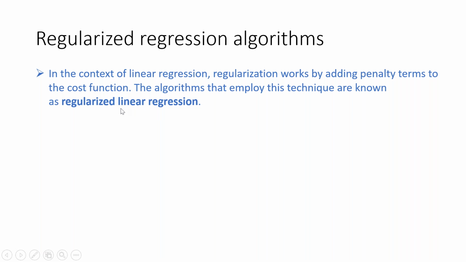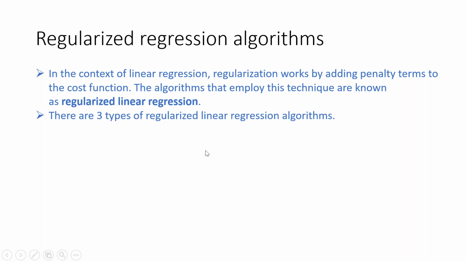Here it is linear regression, but in the next project when we do a classification problem, it will be logistic regression. There is also regularized logistic regression, but we'll come to that later. Right now we are talking only about linear regression, a regression problem, not a classification problem.